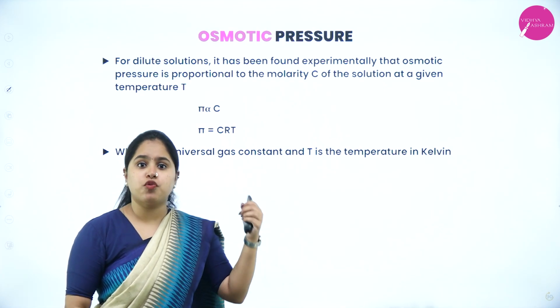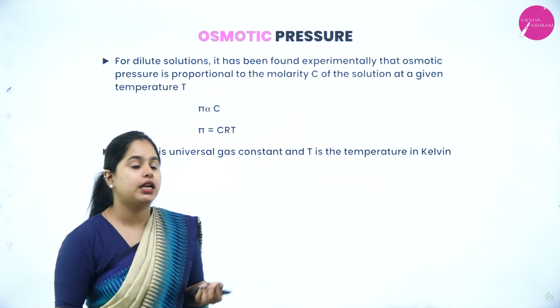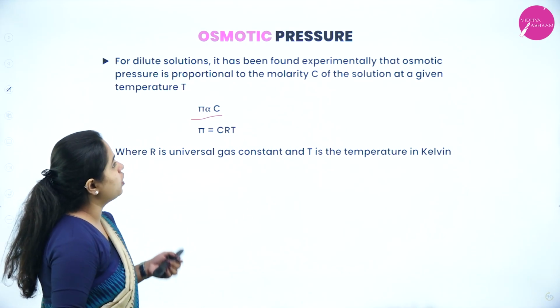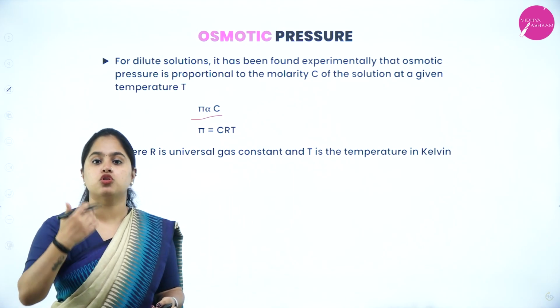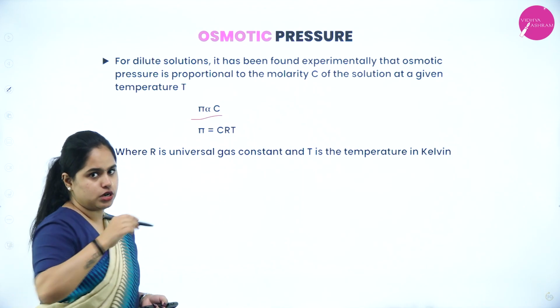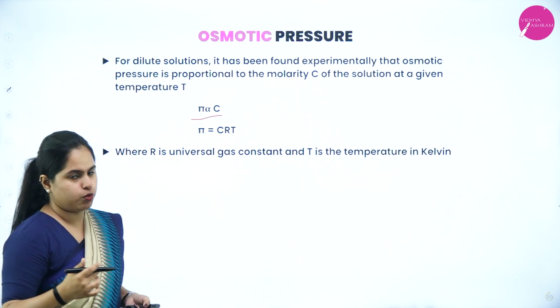In the case of osmotic pressure, it was experimentally found that osmotic pressure is directly proportional to the molarity, that is, the concentration of the solution at a given temperature. So, pi is directly proportional to C. Pi is the symbol used to represent osmotic pressure.